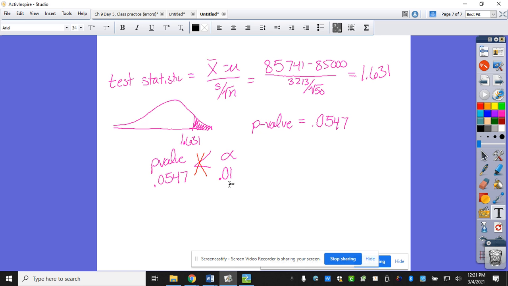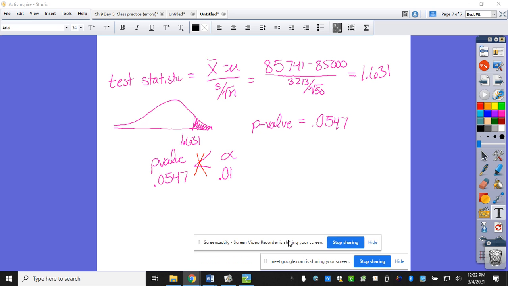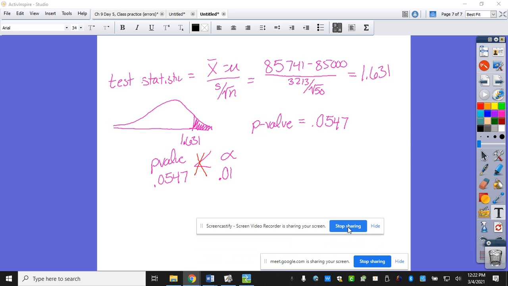So we do not have convincing evidence that the mean income for this residence in this area is greater than 85,000. So remember, it's all negative. So we fail to reject, is not less than, we do not have evidence. That's what I'm going to do now.